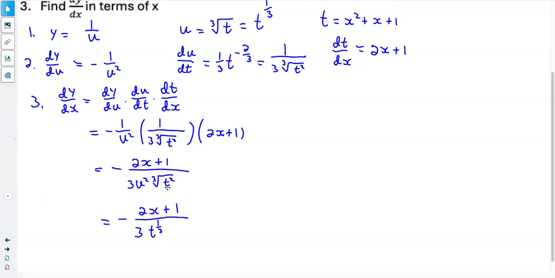And then we can always put this one in as times t to the 2 over 3. And of course, this one was being squared because we had the squared there.